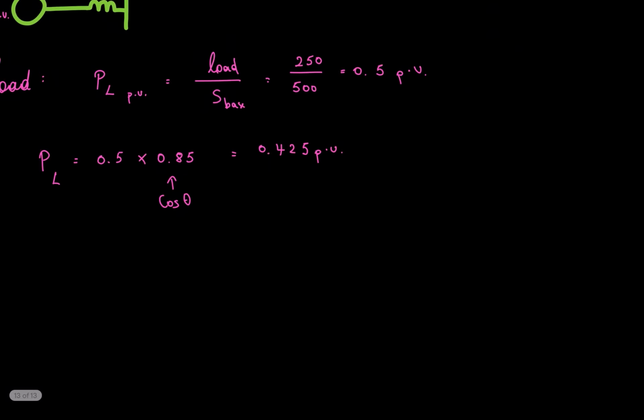We know that cos theta is the real power over the apparent power. And we can also draw this triangle: reactive power, real power, and the apparent power.